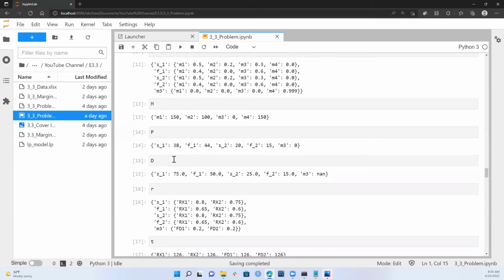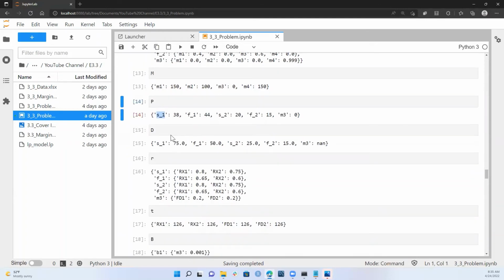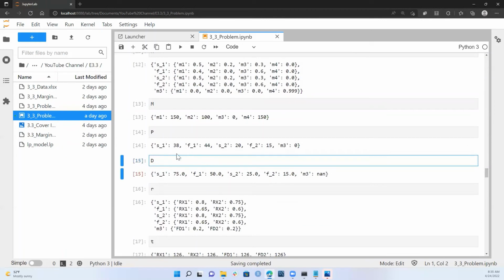M looks correct, P looks correct, again seeing the correct unique variable names here. D, I forgot to cover that up here, but D is the demand. Sorry, that is a new parameter. D sub I is going to represent the available demand from customers for each of our products. So S_1, we have 75 tons, F_1, 50 tons, and so on and so forth.